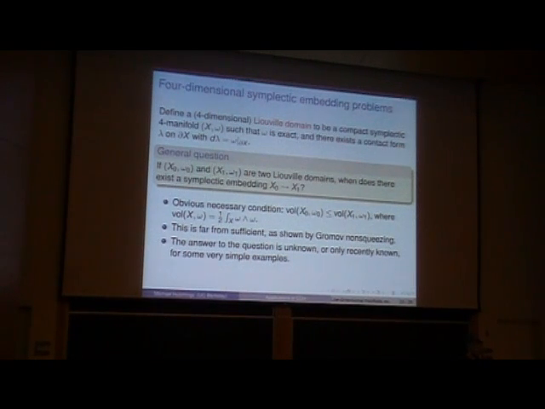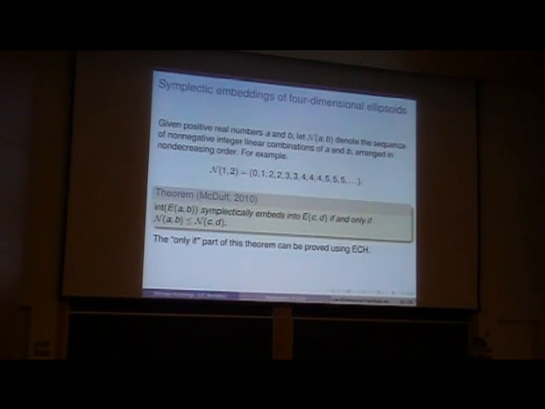But this necessary condition is far from sufficient, as shown by the Gromov nonsqueezing theorem. A nice theorem by Hutchings and McDuff solves this problem for the question of when you can embed one ellipsoid into another.